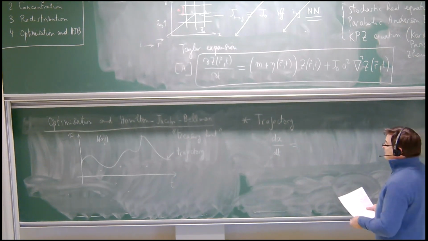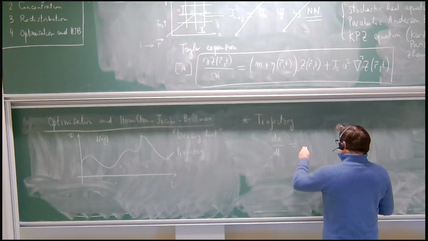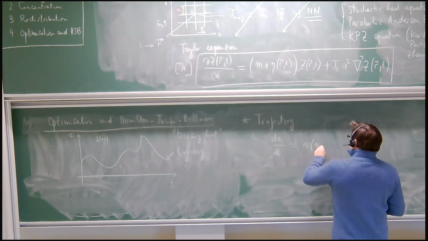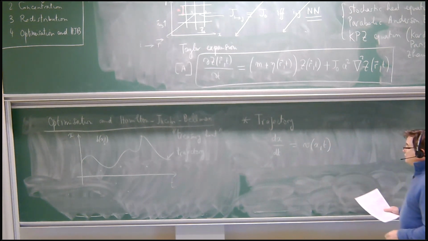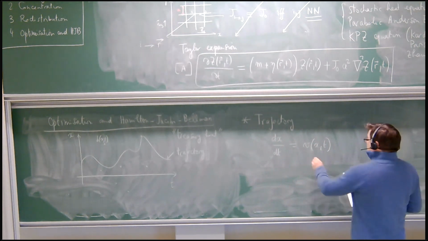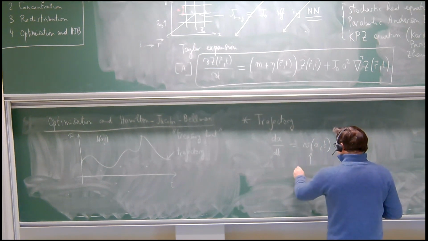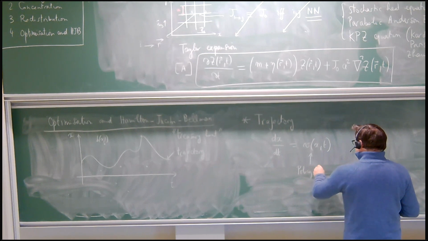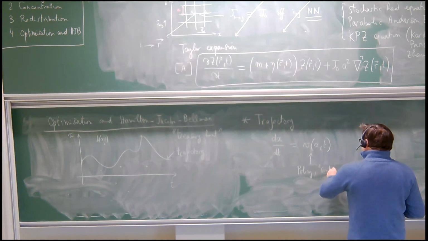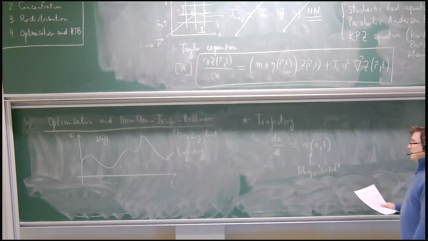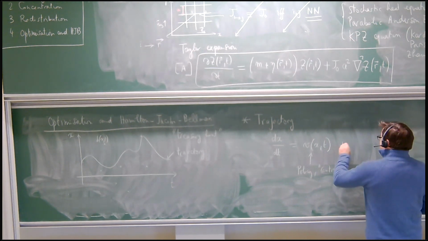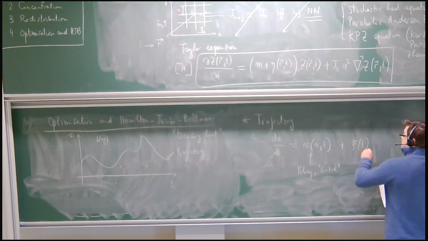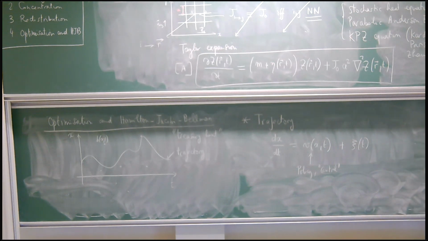So what I'm saying here is that your speed is given by a certain velocity that you choose. This is sometimes called a policy or a control. That's what you control. But unfortunately, as I said, there's a problem, which is a random noise.